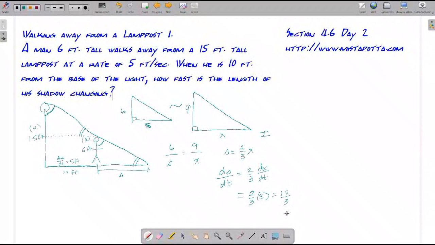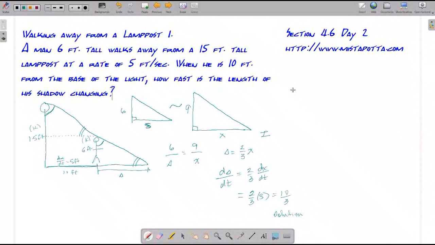So this is my solution. Recall that I really want to answer this question: how fast is the length of the shadow changing?